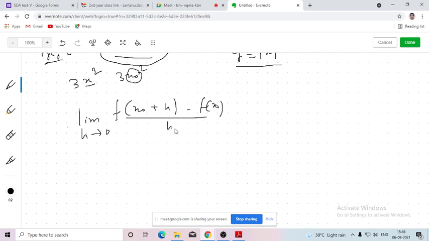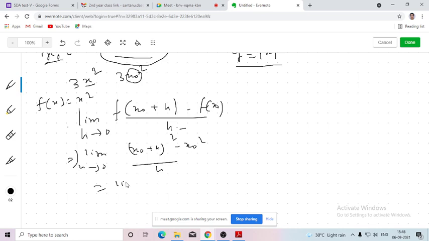Here f of x is x square, so this will be limit h tends to 0, x0 plus h whole square minus x0 square by h. So x0 square will be deducted, leaving 2x0h plus h square. h will be common, divided by h. Since h tends to 0 but h is not equal to 0, it cancels. Now h tends to 0, so that will be 2x0.